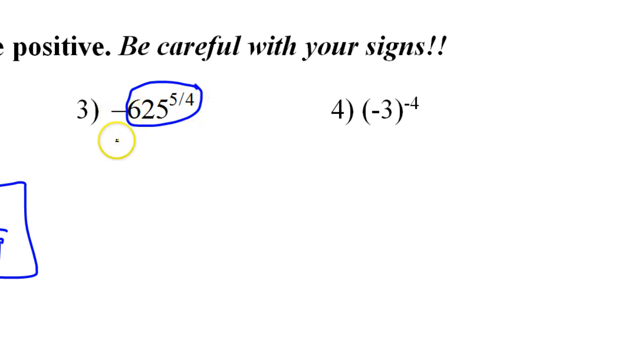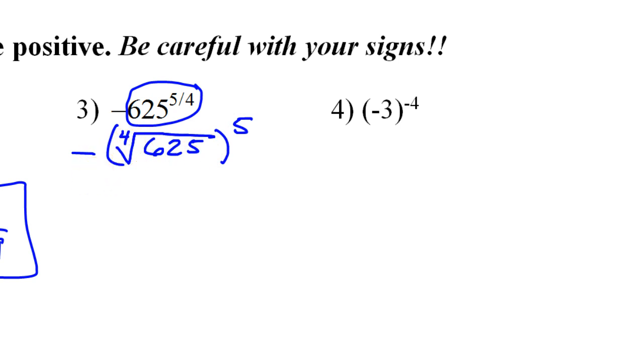The negative sign will stay out front the entire time. So I'm going to take this, and remember, this 5 over 4 is power over root. So what I'm looking at here is the fourth root of 625, and then that is going to be raised to the fifth power. The negative stays out front.